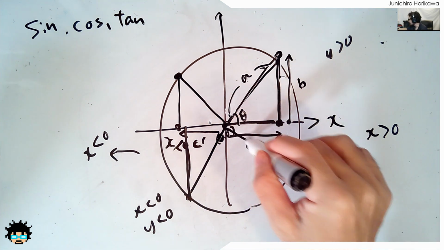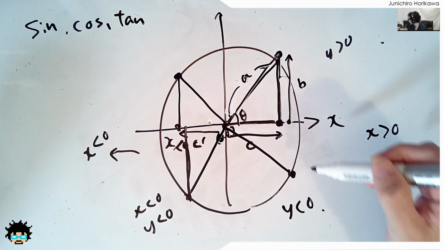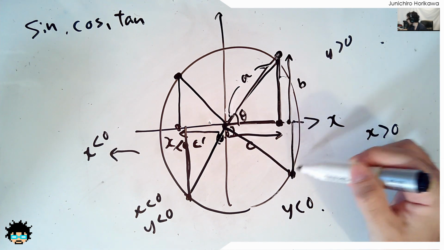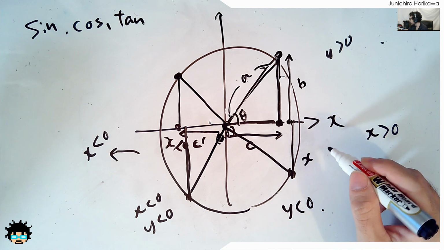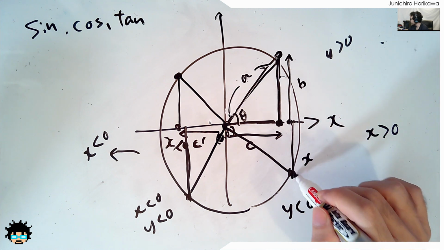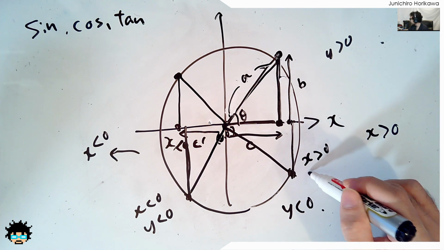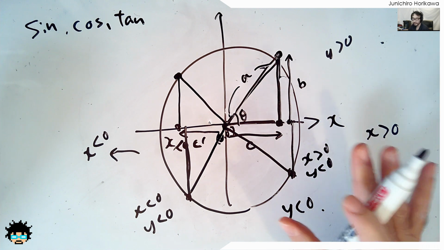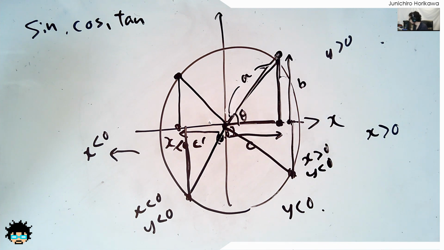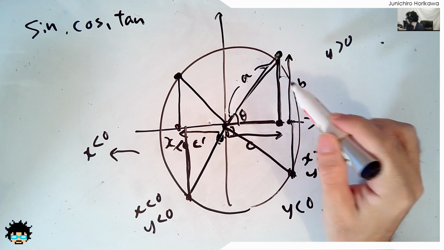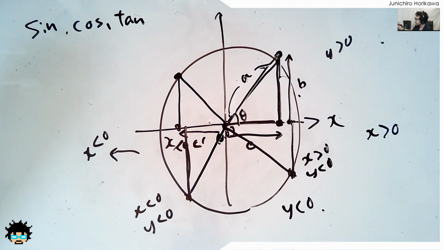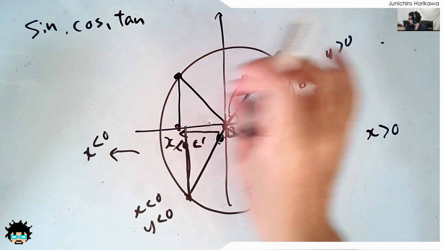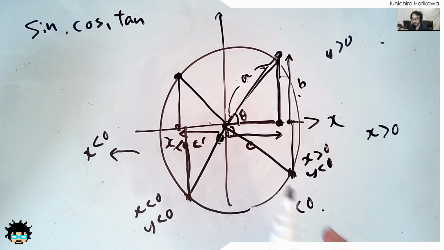And if you have an intersected point right here, and if you project this point to the x-axis, then in this case the x coordinate for this point is positive, but the y coordinate is negative. So for values B and C, it is affected by where the point is located on the circle.